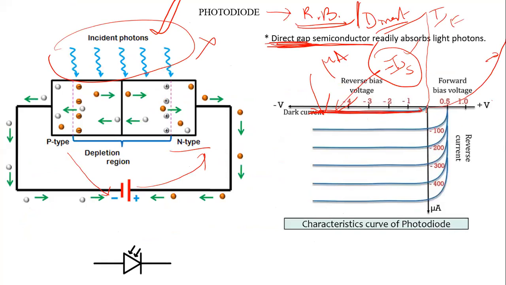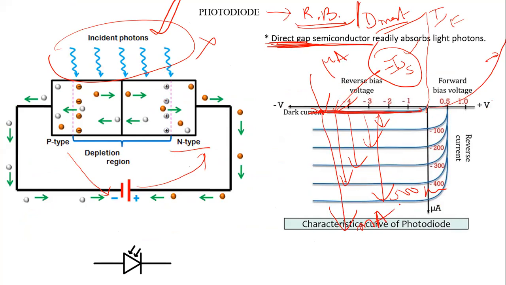So the reverse current can jump from a few microampere to 100 microampere, can jump to 200 microampere, to 300, 400, it can jump to 500 microampere. And if the intensity of light is further increased, it may increase up to a certain milliampere current. Right.